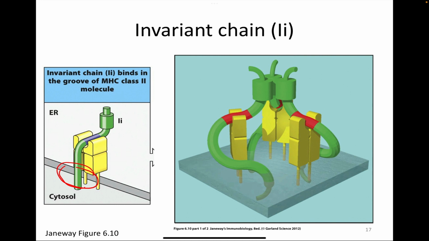The other thing that you can see invariant chain doing is that it actually sits across the peptide binding cleft and physically blocks the peptide binding cleft. So other peptides from other places cannot get picked up.